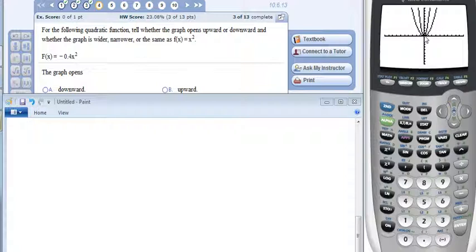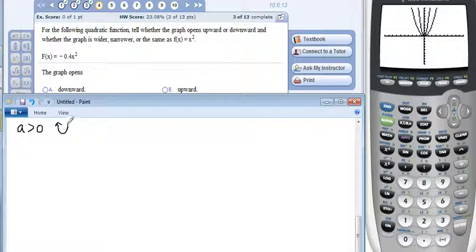So there's another rule that we have. Okay, so our first rule is that if A is bigger than 0, it goes upward. If A is less than 0, it'll point downward. Okay, we just saw that.